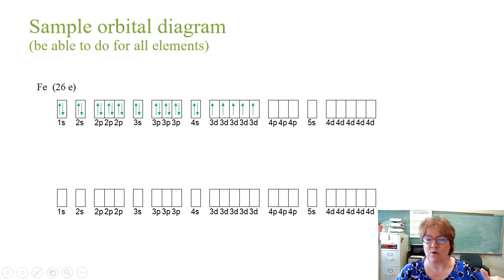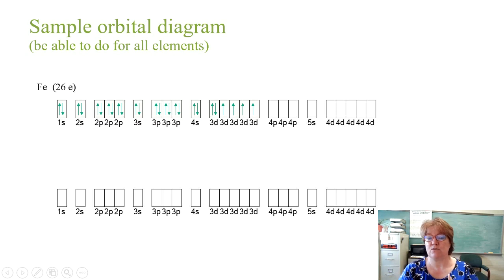Now that they each have 1, I can put the 26th electron in the first one. So I have 4 unpaired spins, 4 unpaired electrons, where those spins don't have anything going in the opposite direction. But all 5 of them have at least 1 electron in them.